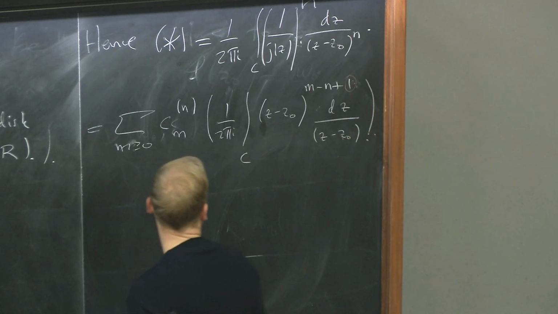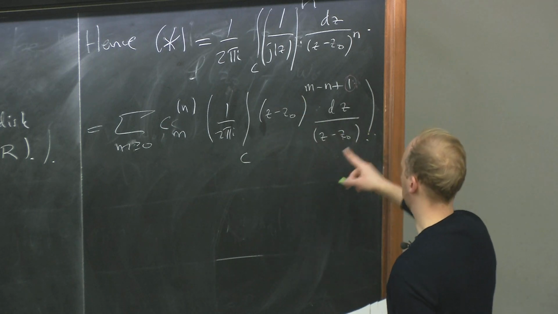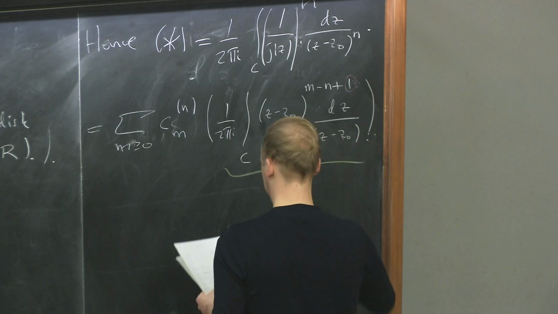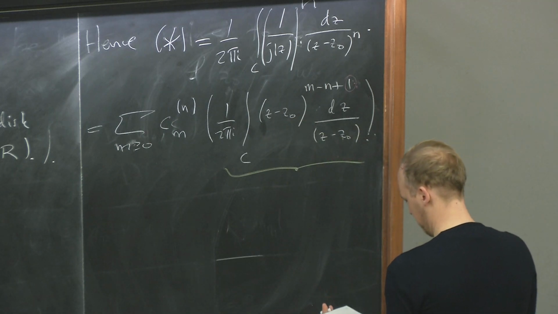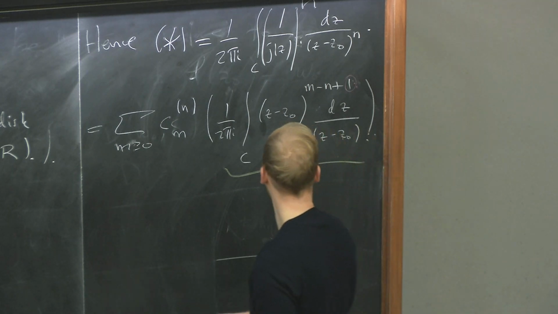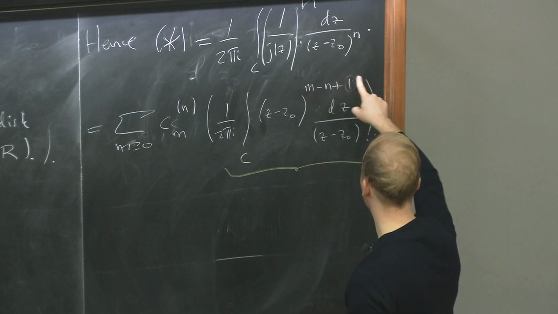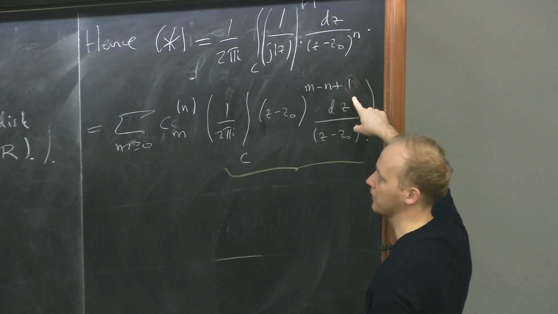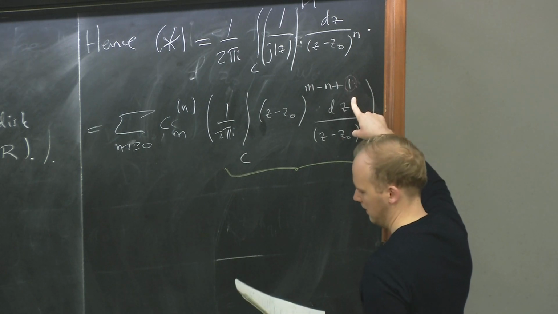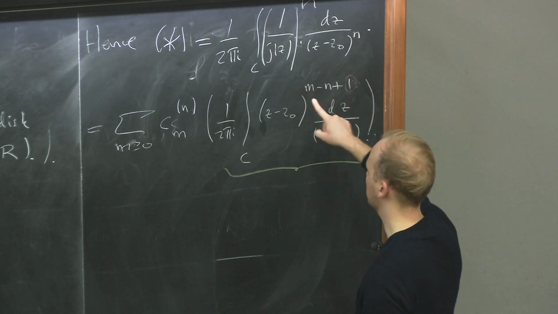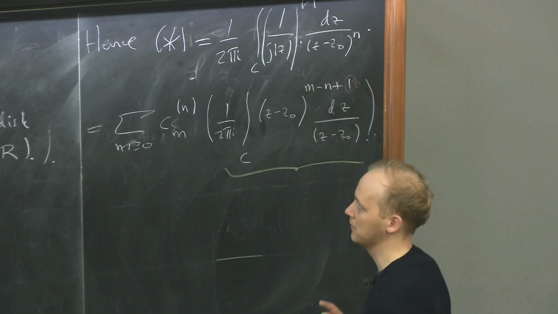Now the question is, what does this integral equal? This could be a question for you. We have different cases: either the exponent here is equal to 0 or it's not equal to 0. So the first case is if this exponent is not equal to 0, then what would be the value of the integral?